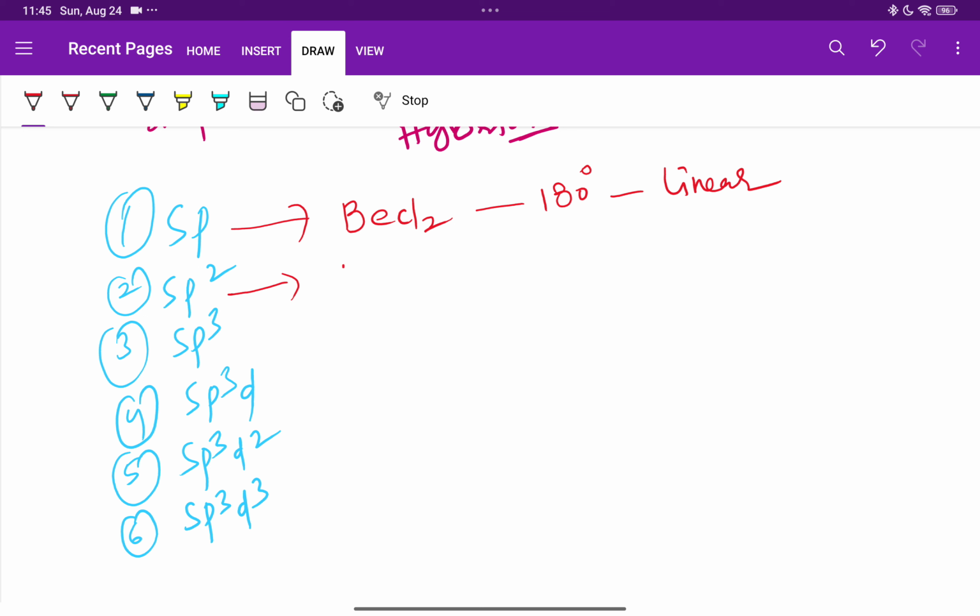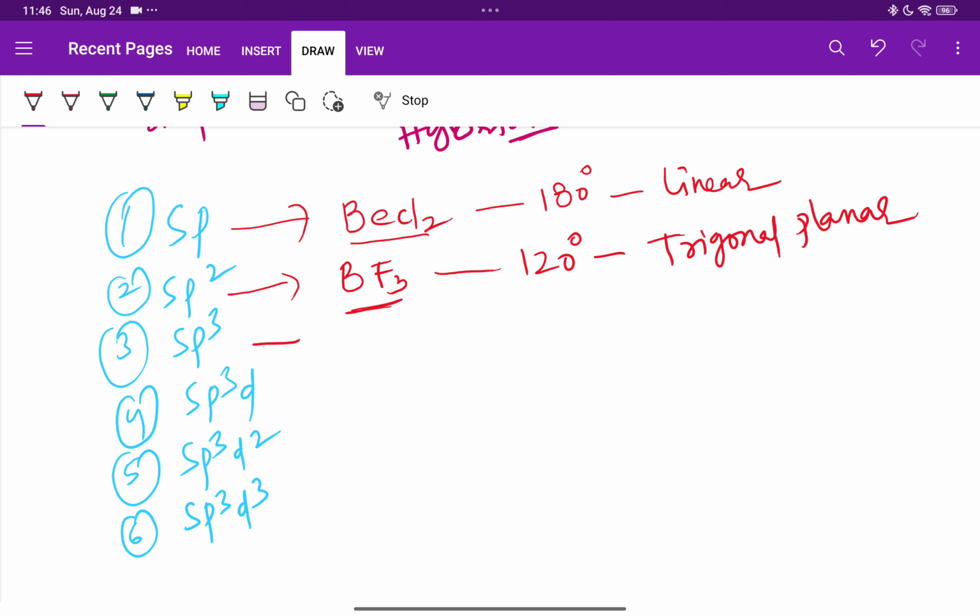And for sp2, BF3. Here BeCl2 is beryllium dichloride and BF3 is boron trifluoride, for sp2. The bond angle is 120 degrees and the shape is trigonal planar. For sp3, CH4 methane, the bond angle is 109 degrees 28 minutes, and the shape is tetrahedral.